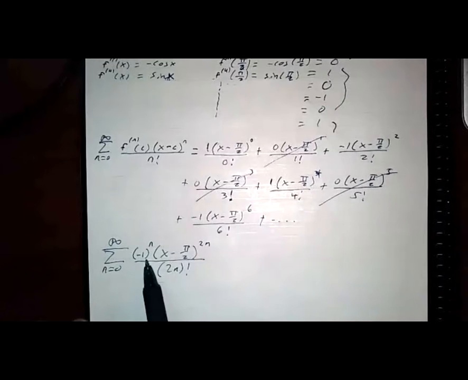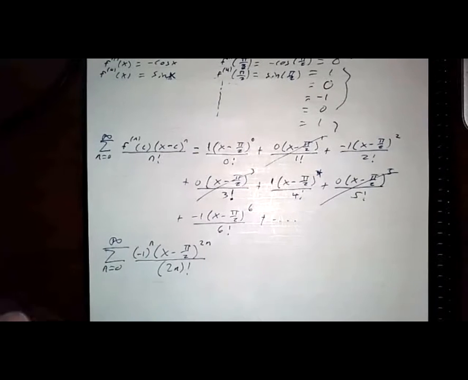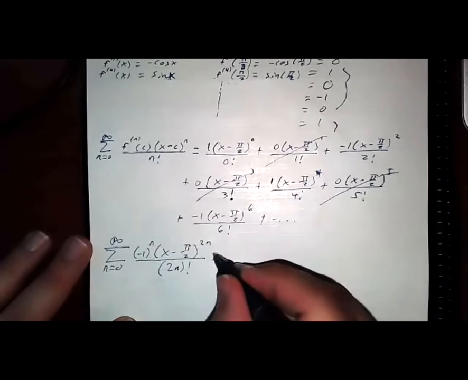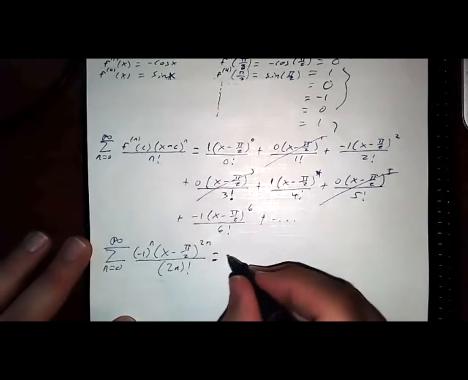So this will alternate every other term, or every term. This will help me skip the ones I don't need, and this gives me only the ones I want. So this will work, right? Just in case you can't see it, this creates negative.